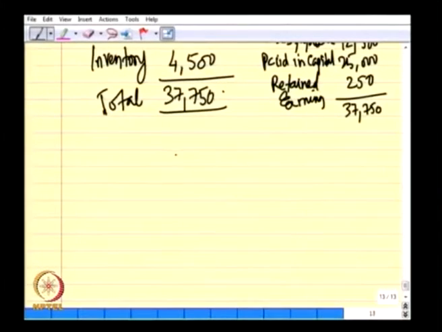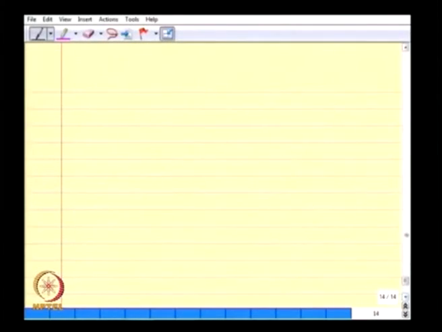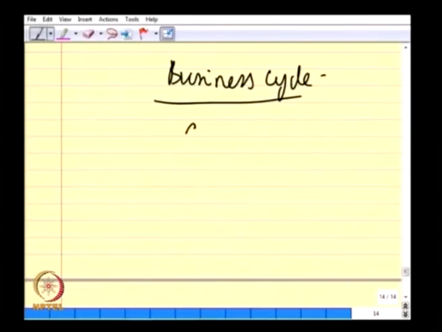In a business cycle, any business cycle, if you look at it, any business cycle will have cash, and with cash what will you do?